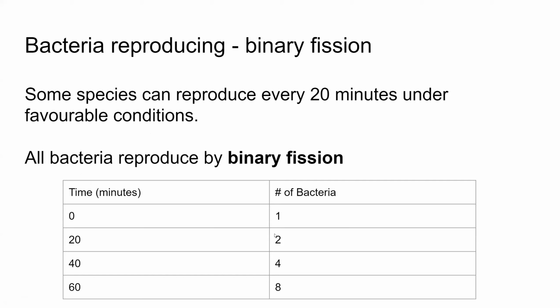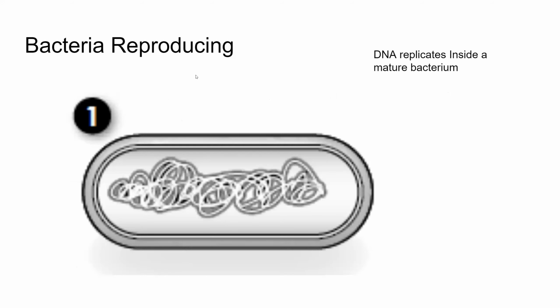The two will become four, the four will become eight. We call the bacteria reproduction binary fission. Binary fission is what we're going to be talking about in the next few slides. It is the way that they reproduce.